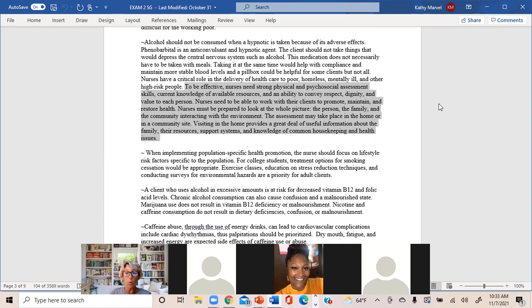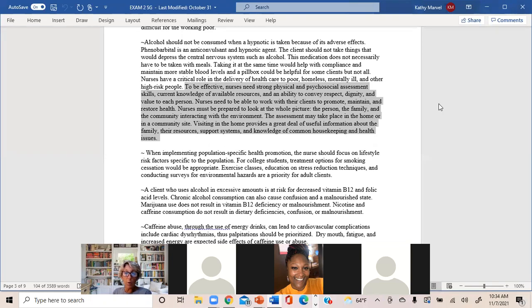Right? We need to be able to work with that. That's what this whole section was about: sensitivity, recognizing our own misgivings or shortcomings or our own feelings, and being able to care for these extremely vulnerable populations that we talk about. The mentally ill, the homeless, the HIV.